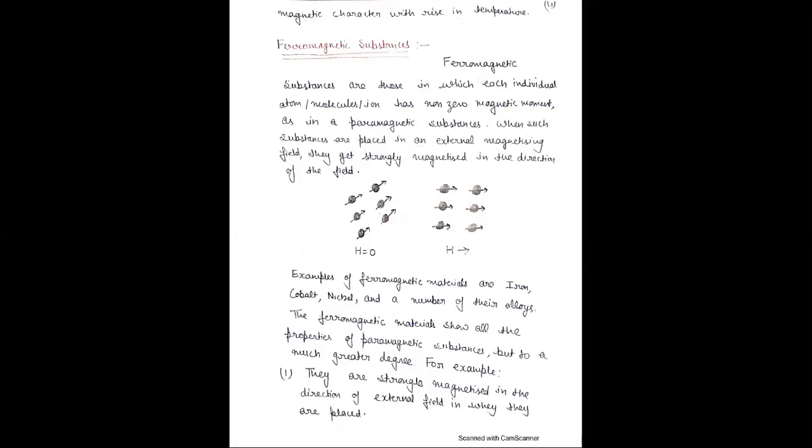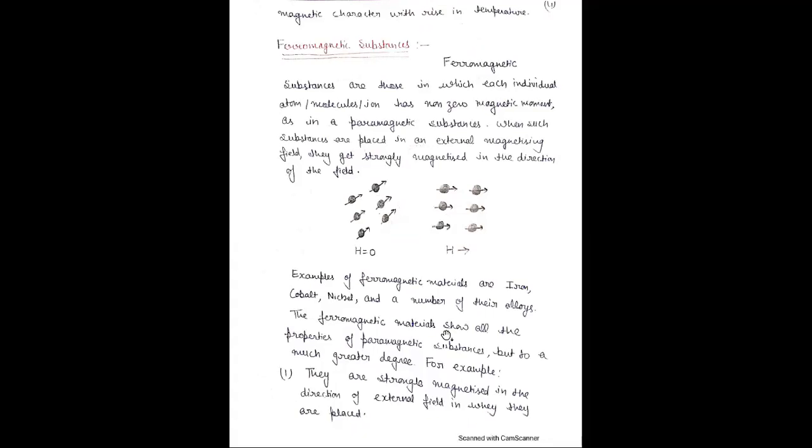When such a substance is placed in an external magnetizing field, it gets strongly magnetized in the direction of the field. Here, this is when the magnetic field is zero. There is an alignment of the magnetic dipoles when we apply the magnetic field, and they are strongly magnetized in its direction.